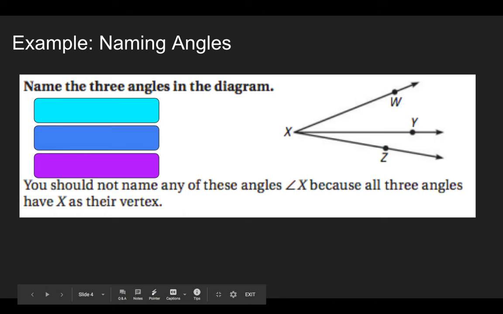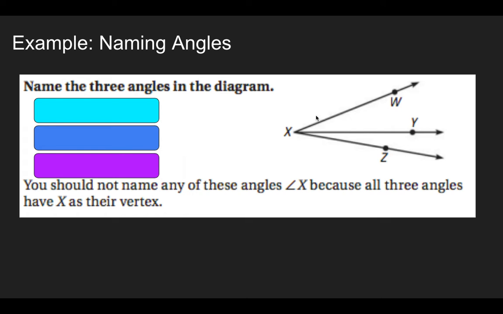So let's look at some ways to name the angle that you see here. We're going to name 3. And just as the guy said, we'll only be looking at the smaller angles. It would be unconventional of us to look at this big outside angle unless we were otherwise told. First angle I see, WXY. Or I could name that YXW, so long as I'm putting the vertex in the middle, as you can see here.